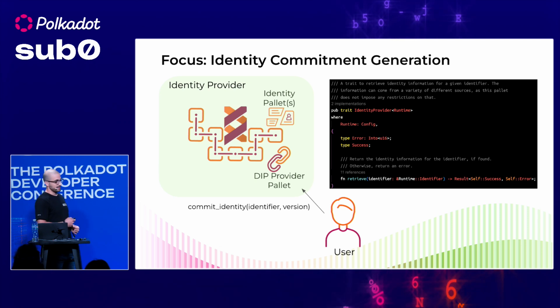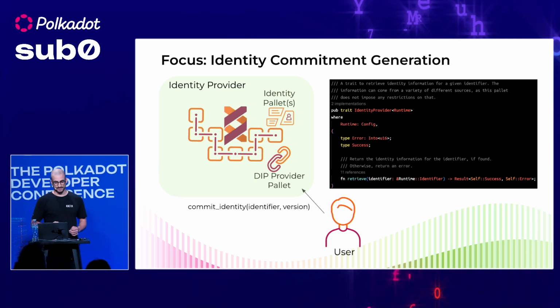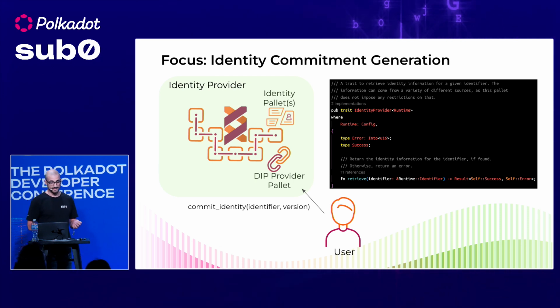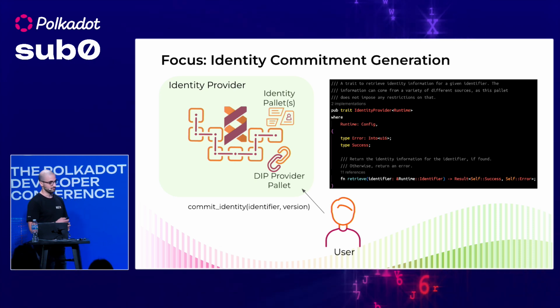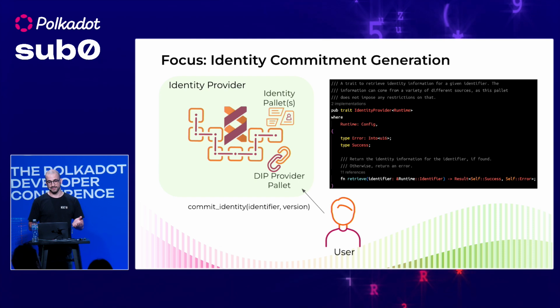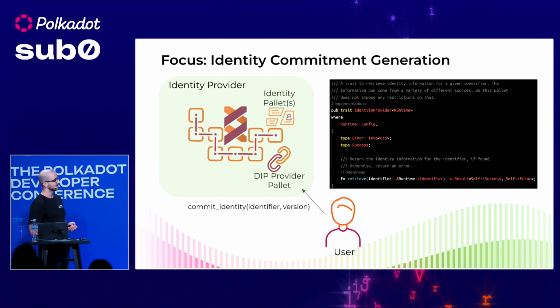The generation of an identity commitment is a 2-step process. This is a little bit more technical. The identity of a subject needs to be retrieved from the chain state. This is the identity provider trait, which takes an identifier and returns some associated value for this identifier. The provider, again, makes no assumptions about what the identifier is or what the success type is.